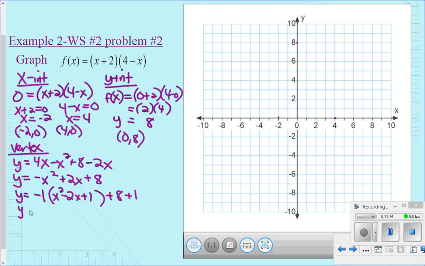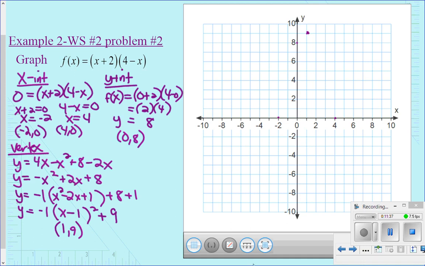So now I'm left with negative 1 out front, a quantity squared, and that's going to be x minus 1, and then 8 plus 1 is 9. So we can see now from vertex form, the vertex is (1, 9). So we can go ahead and plot that. (1, 9) right there. Oops.